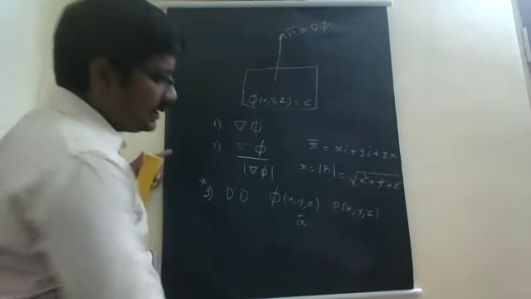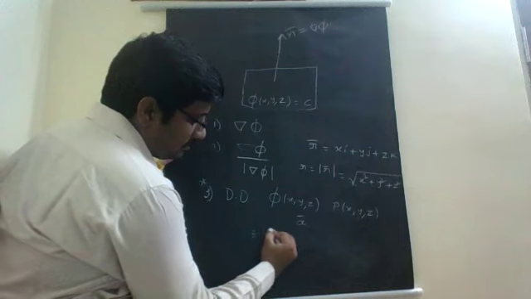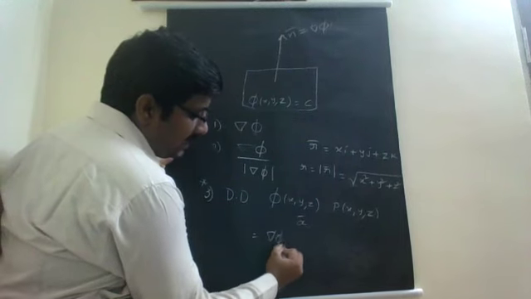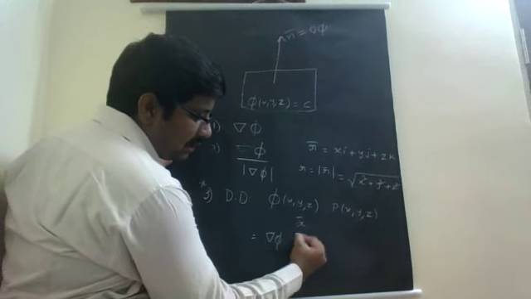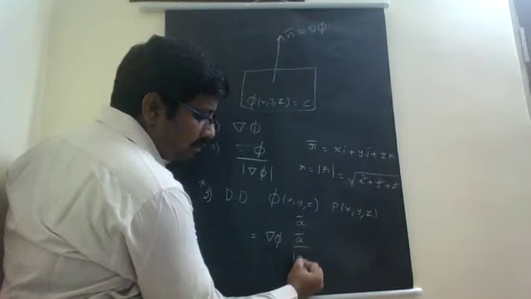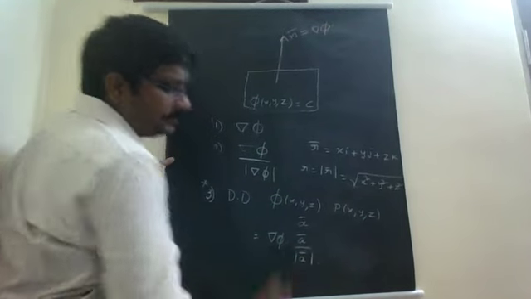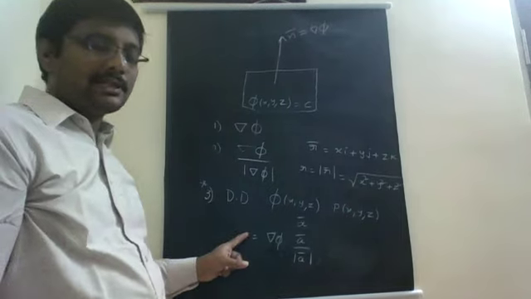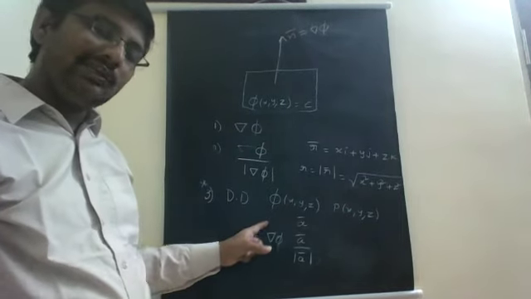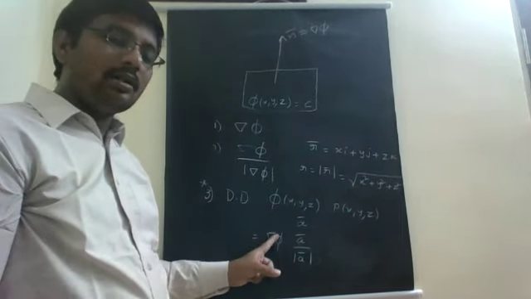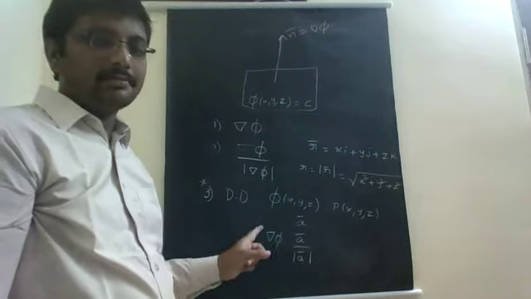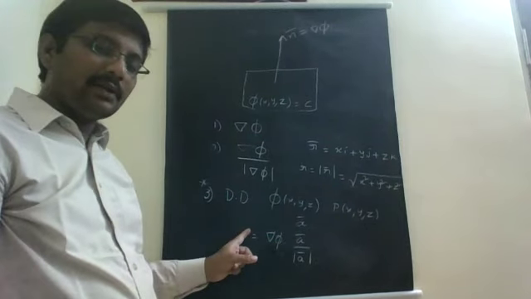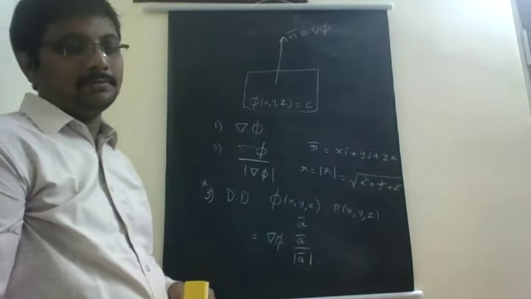The formula is del phi dot a bar upon modulus of a bar. So the formula for the directional derivative is del phi dot a bar upon modulus of a bar.